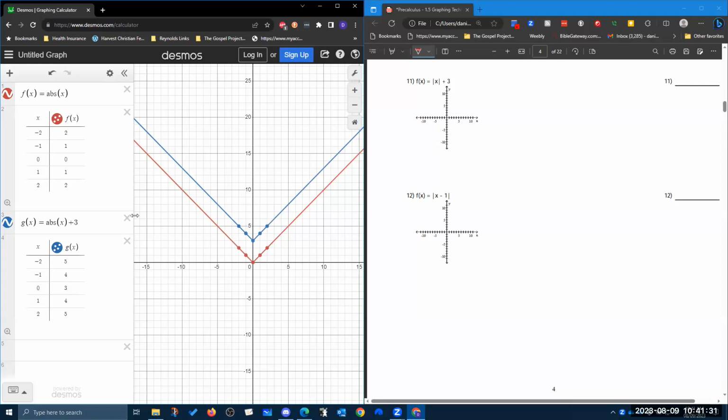Let's try a horizontal transformation now with an absolute value function. And since I've shifted the x values right 1 now, I'm going to do that with all of these.